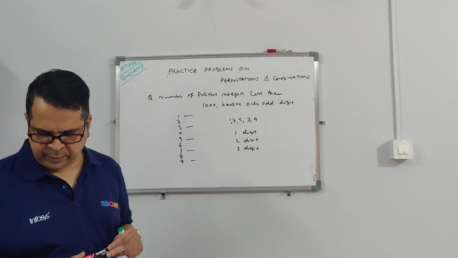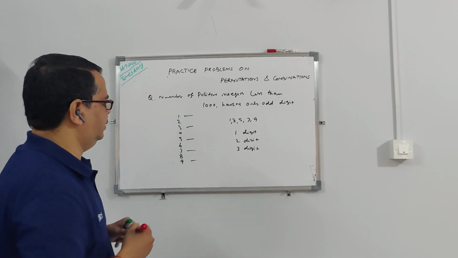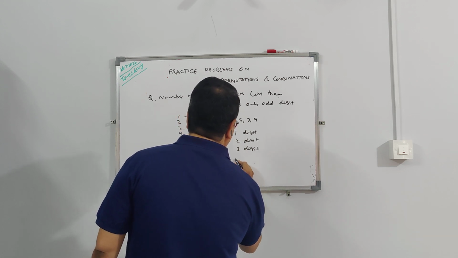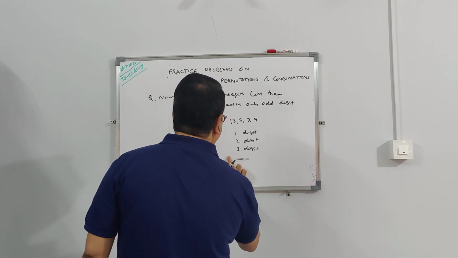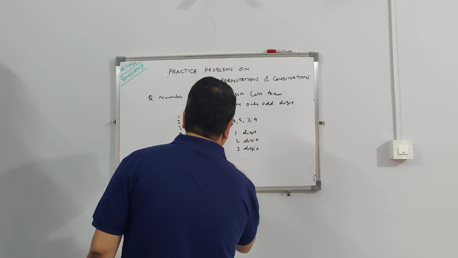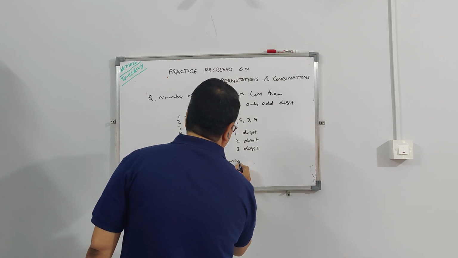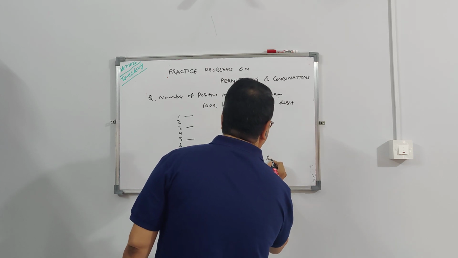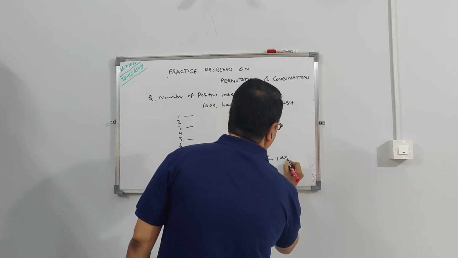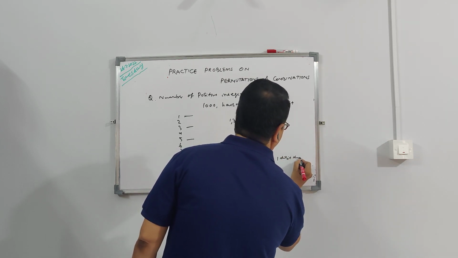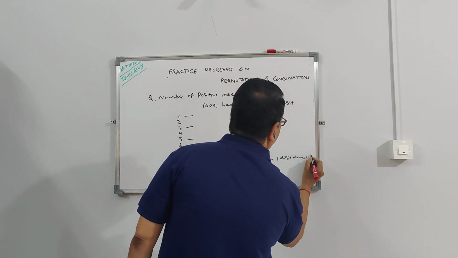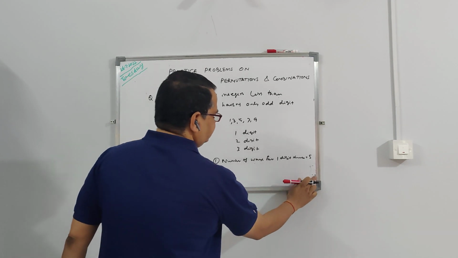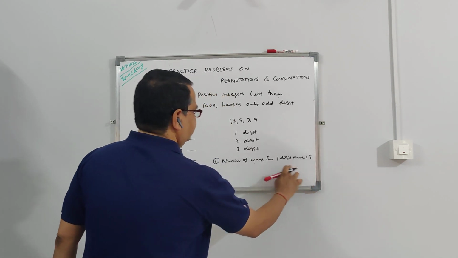Number of ways I can have a one digit number: the number is equal to 5 only. Why?